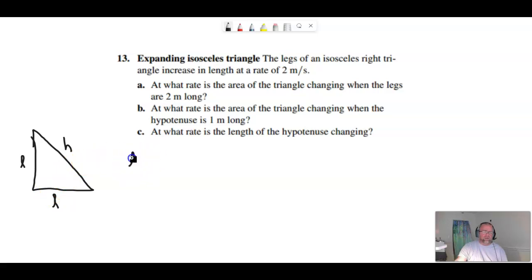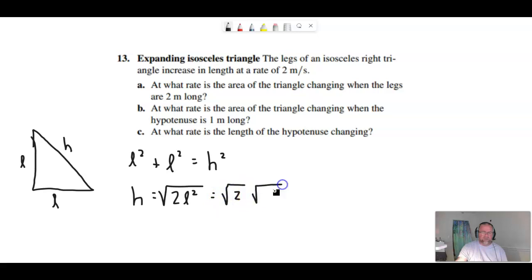So L squared, basically one leg squared plus another leg squared, is going to be equal to the hypotenuse squared. If we solve that, the hypotenuse is equal to the square root of 2L squared, which we can break up into two radicals, the square root of 2 times the square root of L squared.